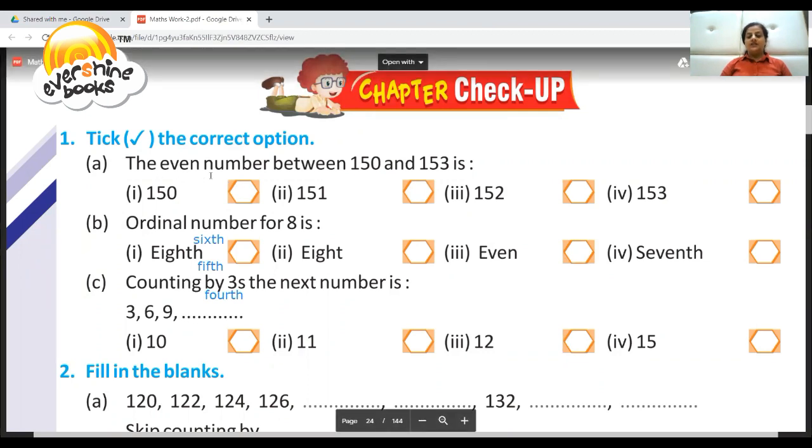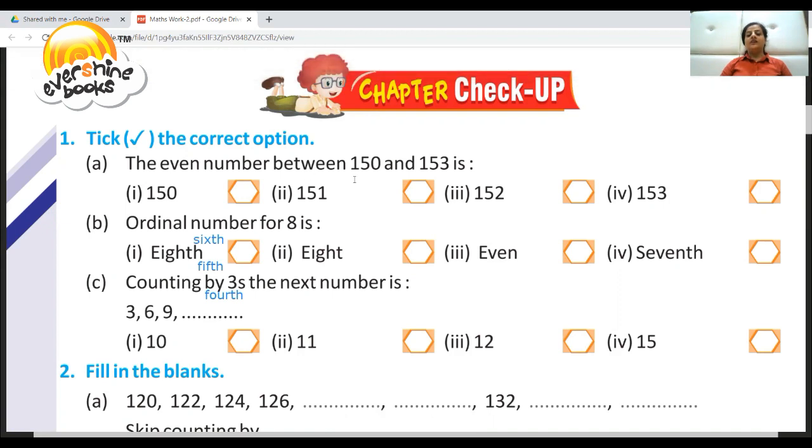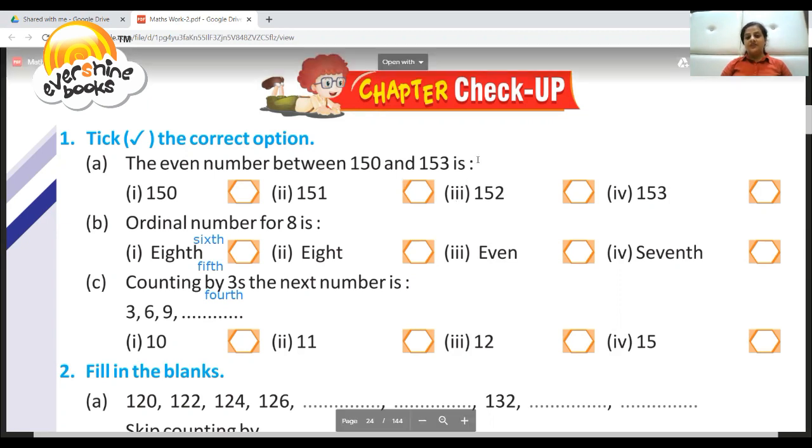That is the even number between 150 and 153. The even number that comes in between 150 and 153 is 152. We are going to make the tick of that like this only.